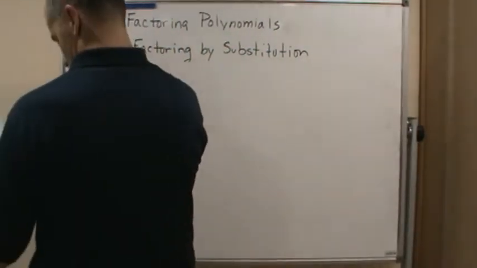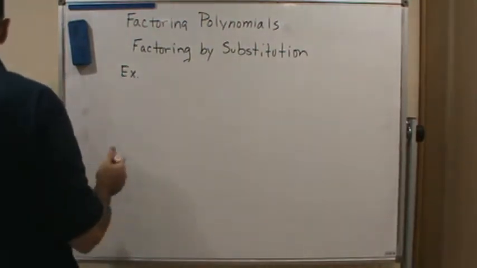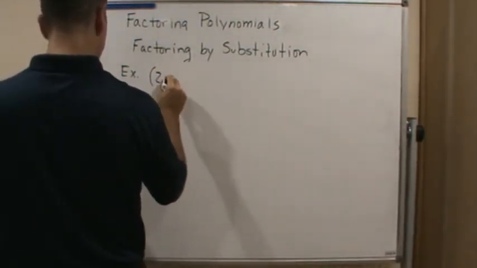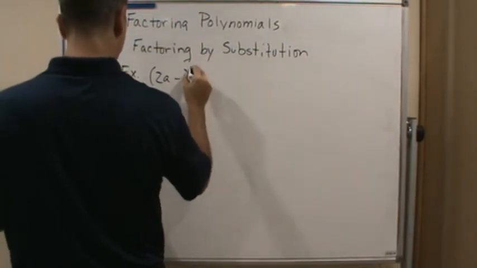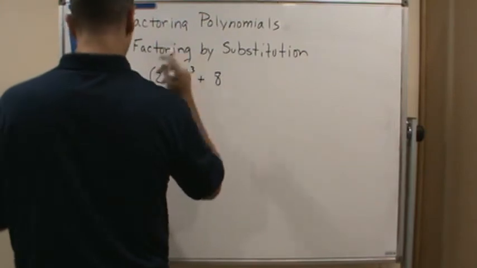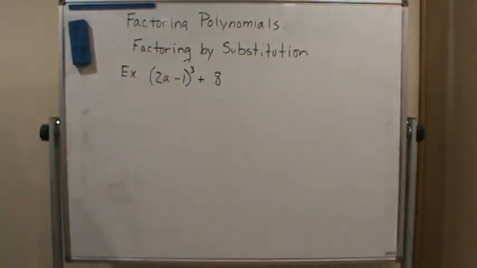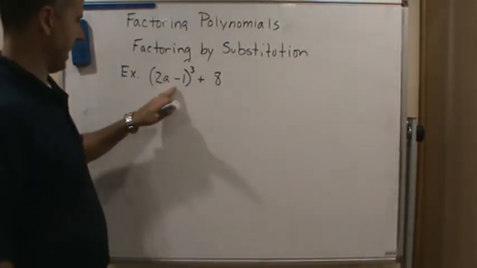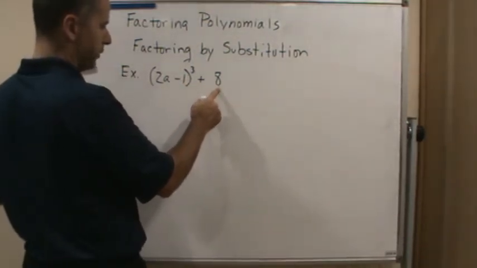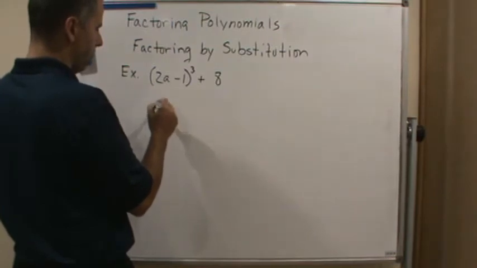Okay, so let's do this one. So now this one has the same sort of idea. It's got a complicated thing here. It's cubed. This is a perfect cube right here. So what do I do?